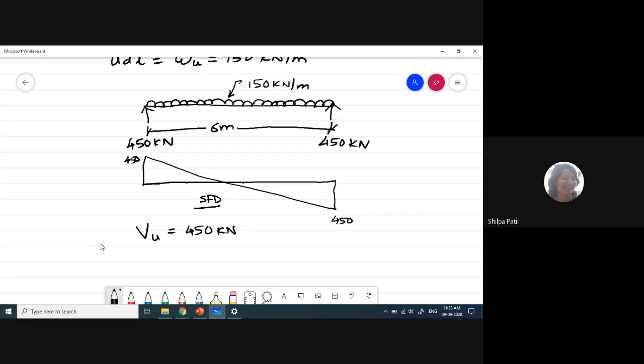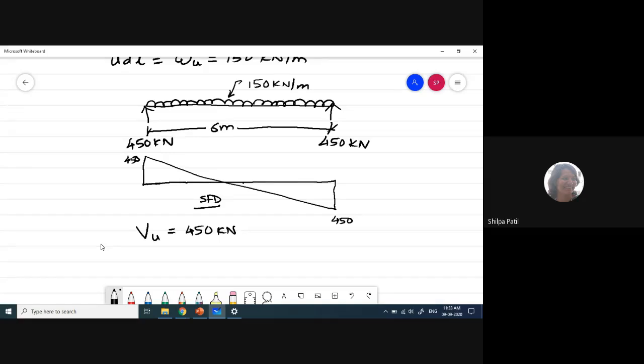So curtailment means we are interested in reducing the amount of shear reinforcement that we have to provide for the beam. Whatever the force is acting on a beam, we have to design a shear reinforcement so that our beam will remain safe. That is the first priority. But on the same side, if I want to achieve the economy, we have to consider how the shear force varies across the span of the beam. We have right now drawn the shear force diagram.